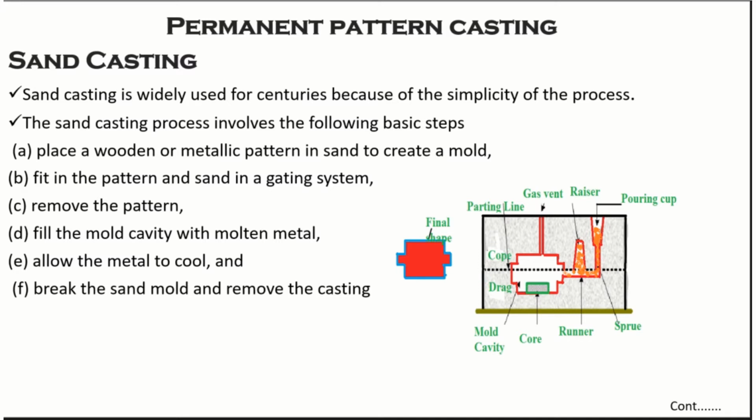Let us see how the operation goes. First, place a wooden or metallic pattern in the sand to create the mold. Suppose this is the desired part to be casted, so the pattern is the replica of the desired part shape, which will be created initially, and then this will be used to create the mold.